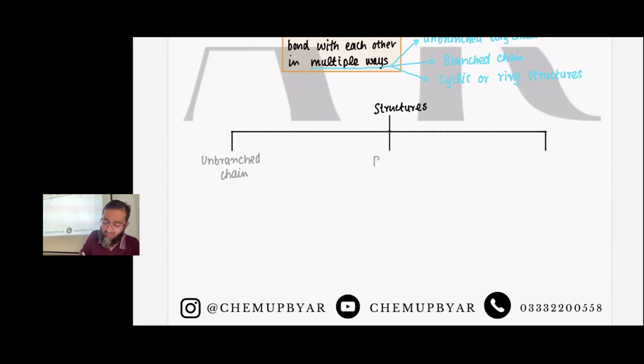Second, branched chain. And third, we can say closed, cyclic, or ring chain or ring structures. So these are the three categories of the structures. Okay.